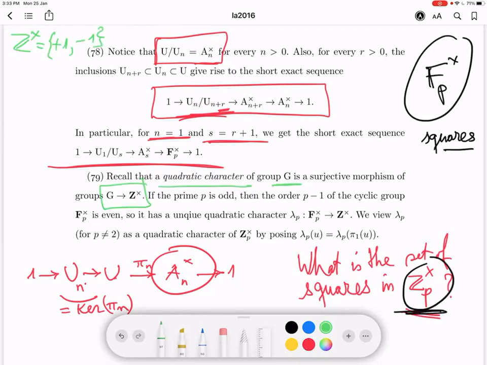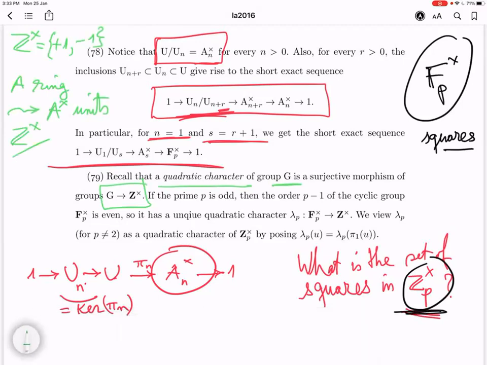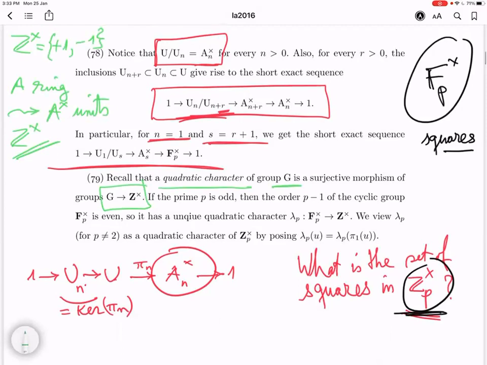And why do I call it Z star? Because if I have a ring A, then I have the group of its units. Z is a ring, so I can talk of the group of units of Z, and that turns out to be just +1 and -1.